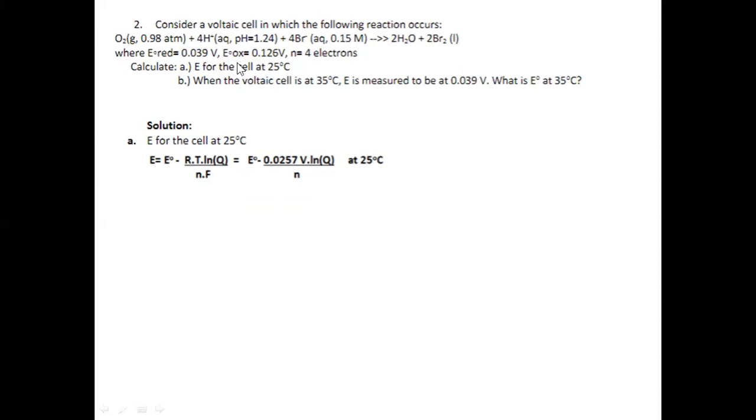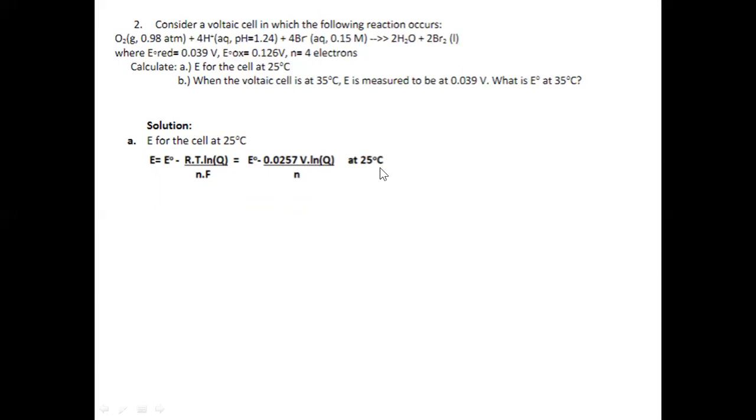But since our letter A is at 25 degrees Celsius, we're going to use the other formula: the cell voltage is equal to the standard voltage minus 0.0257 volts multiplied with the natural logarithm of Q all over n at 25 degrees Celsius.